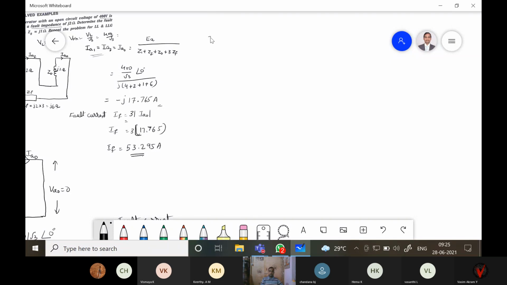Similarly, you can write for the LLG fault, the third one. While writing for the LLG fault, your diagram will be like this.